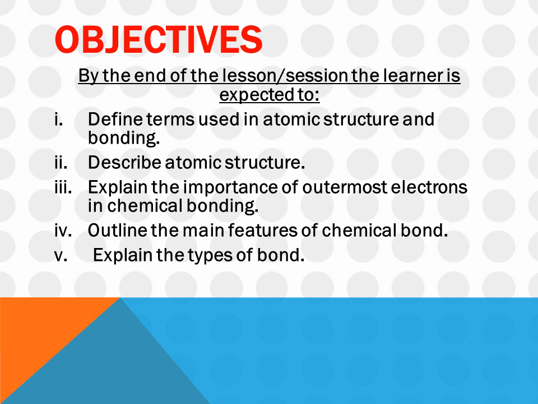Last but not least, I expect you to explain all the types of bonds. There are several, and you will know them by the end of this lesson, and you'll be able to explain all of them. That's all about our objectives.